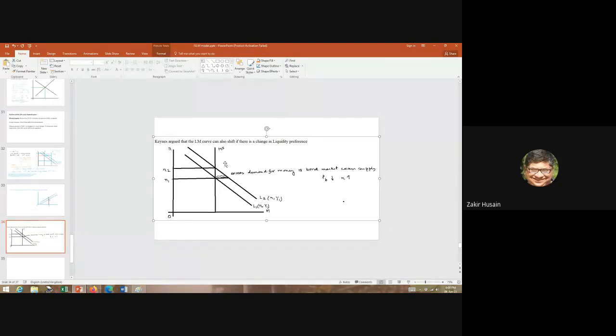Yeah, see, what I've simply done is I've assumed that the parameters of the demand curve change. I've not looked at the parameter. I've just drawn two curves. You're correct. What can happen is if K changes, you may have a rotation, while a change in the LR part will lead to a parallel shift.